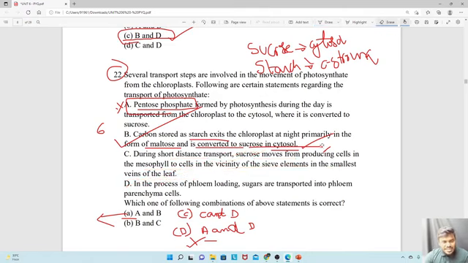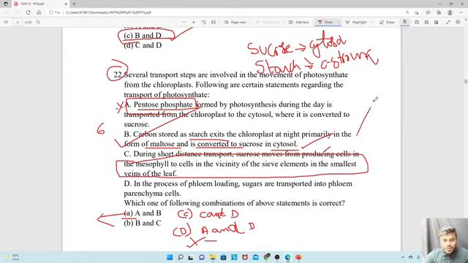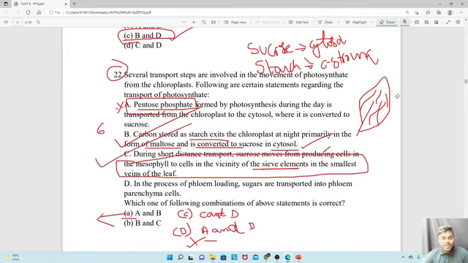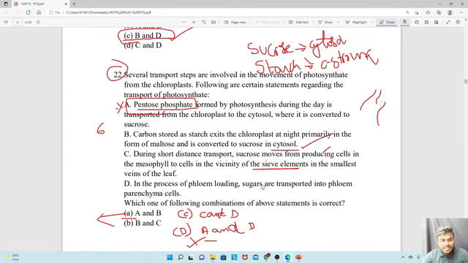Friends, these lines are exactly the lines of Lincoln and Taiz's book. This is the leaf, na? Leaf contains small veins like this. Through those veins, sugars will be passed into the sieve element. Option C is 100% true. There is nothing wrong in option C. Kindly don't get confused.